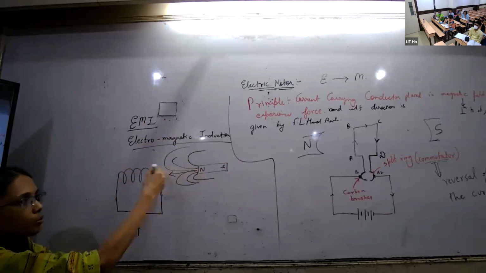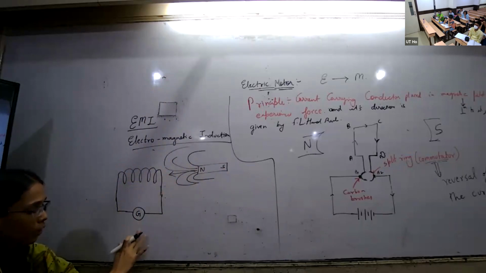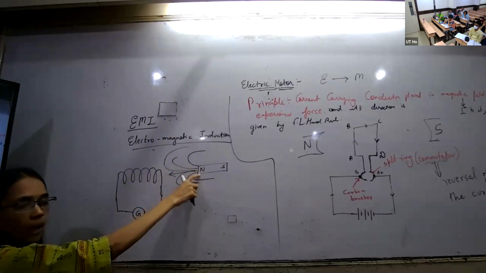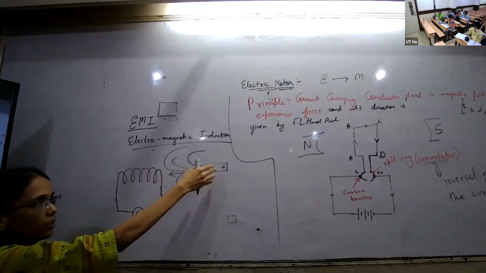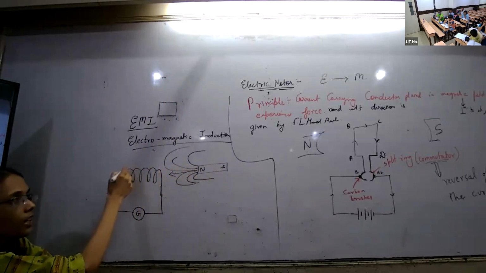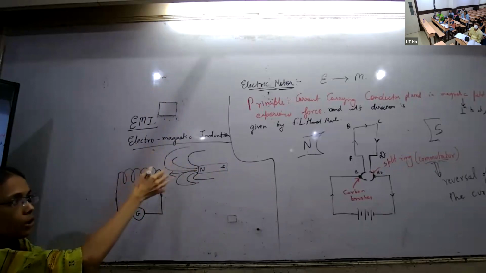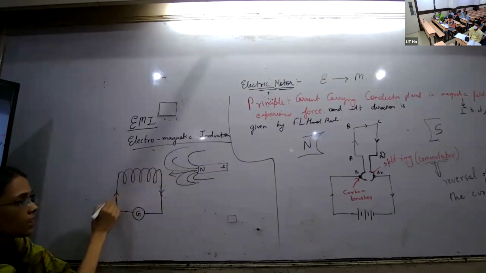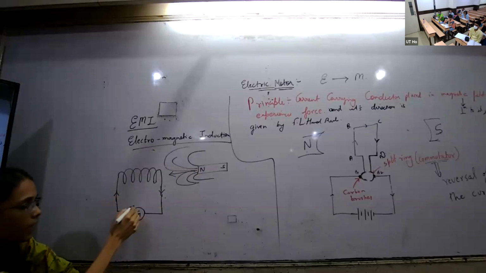So since it is moving, this galvanometer will detect some current because of this magnet which is moving towards it. जो field line cross हो रही है, and because of that current will be generated. Let's say it is generated in this direction and that will be shown.